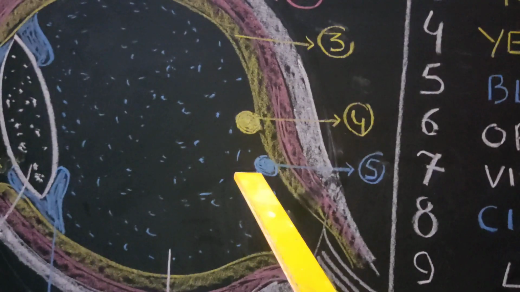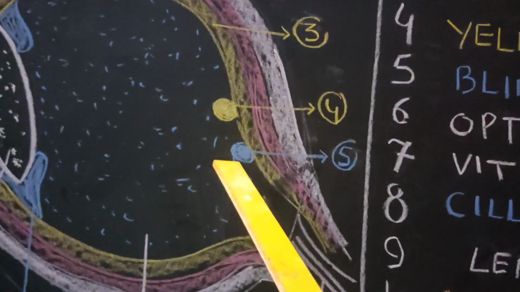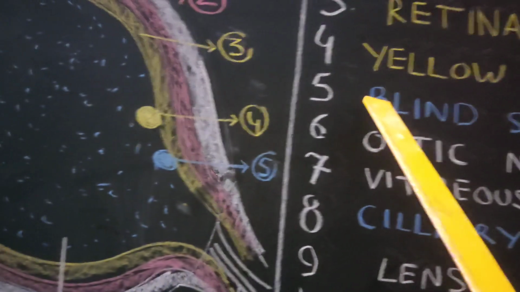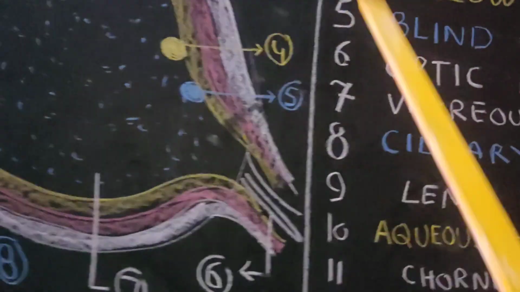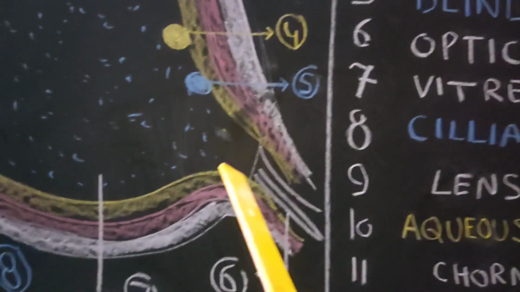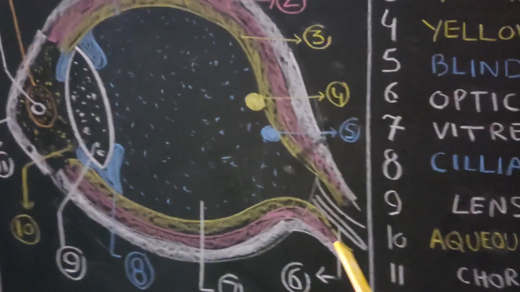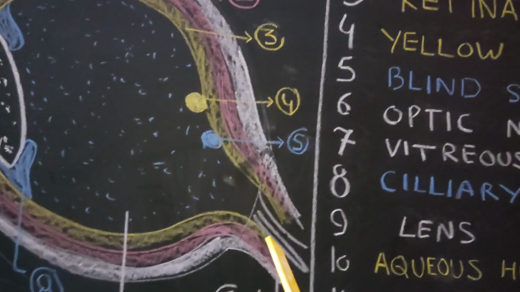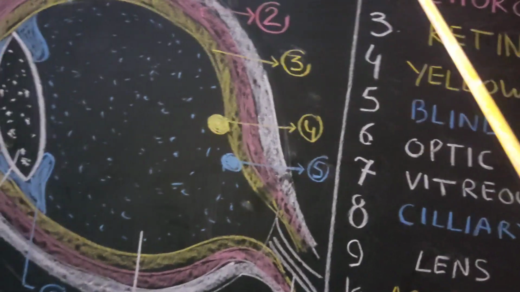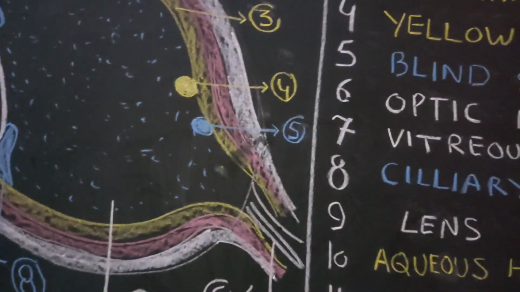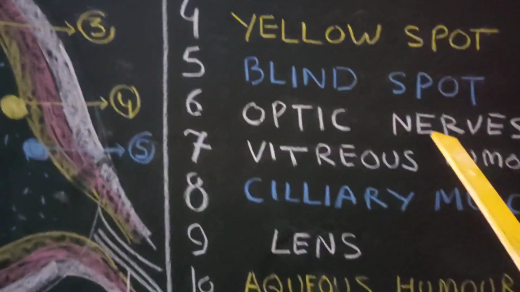The image formed on the other spot is what we call the blind spot, so we can't see an object whose image falls there. Then number 6, these are the optic nerves, which give the sensation to our brain and send a message whenever we see something.